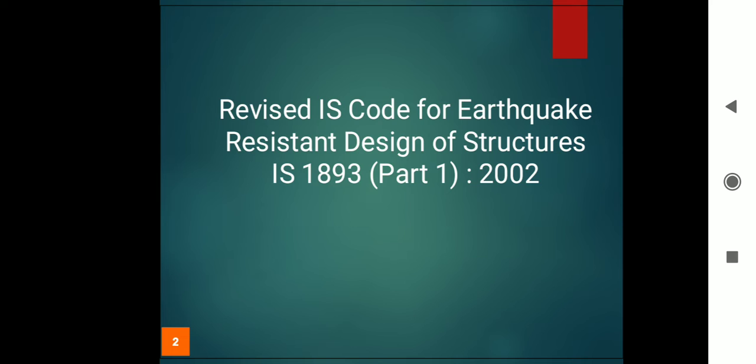The last change made in the third revision is that clauses on concrete and masonry dams were modified, taking into account their dynamic behavior during earthquakes. Simplified formulae for design forces were introduced based on results of extensive studies carried out since the second revision of the standard was published.